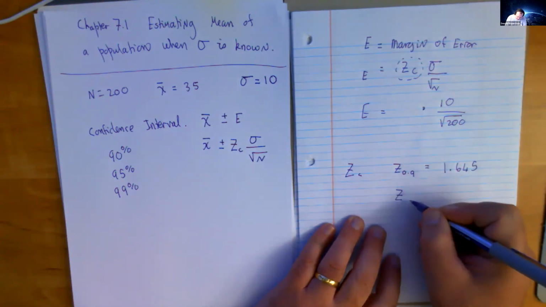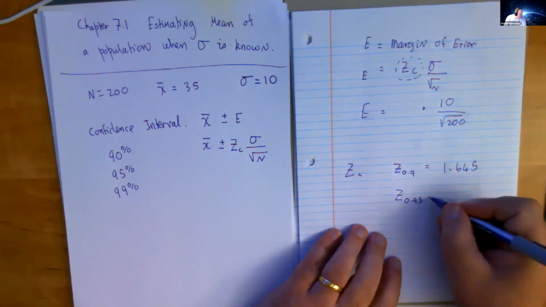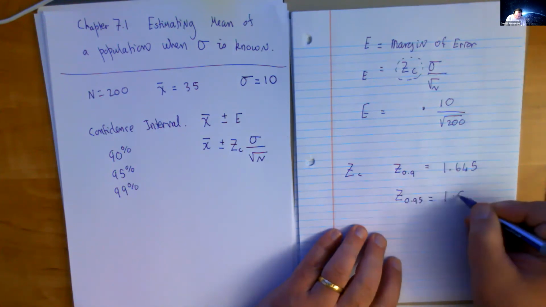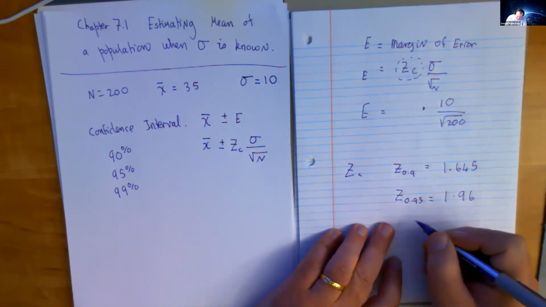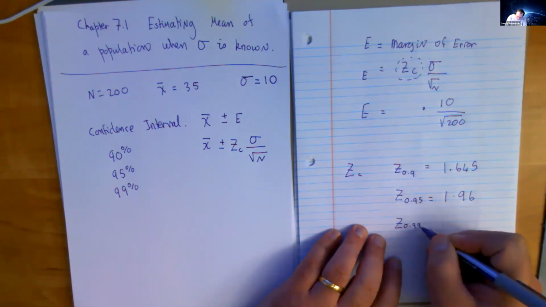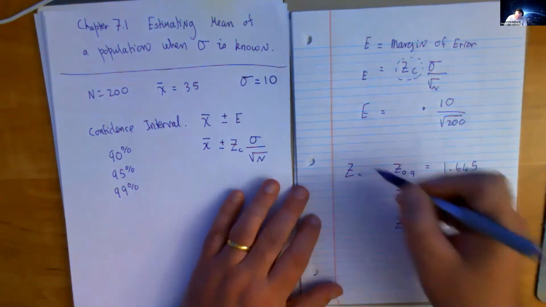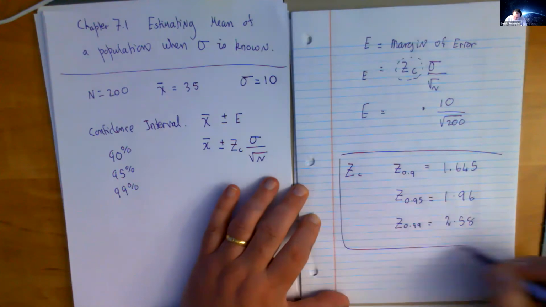If you want a 95% confidence interval, that magic number, that z_c, is always going to be equal to 1.96. And then you might want a 0.99. And if you do, you're going to get 2.58. And those guys never change.